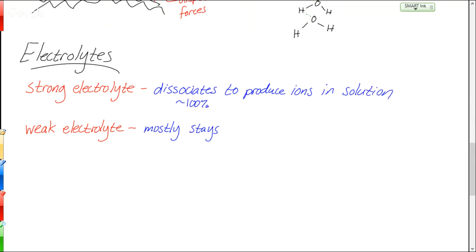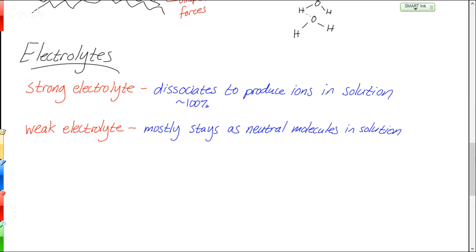And a weak electrolyte is something that mostly stays as neutral molecules in solution. So that would be like the acetic acid in water that just made the light dim a little bit, or turn on a little bit, but very dimly.